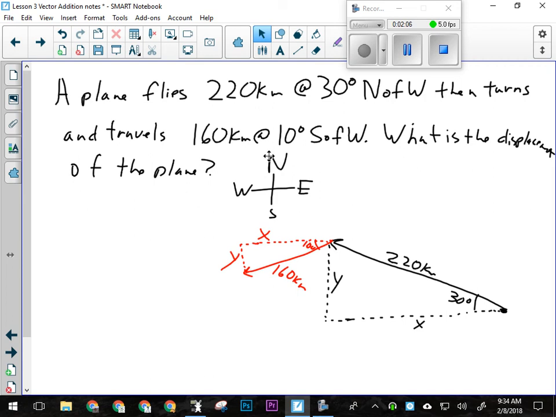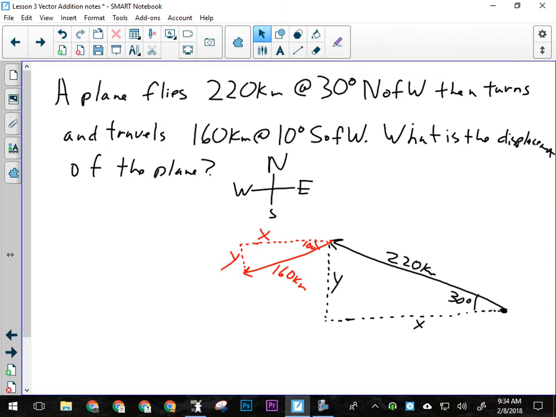So where would I draw a line that represents the total displacement of this plane? Displacement is always the straight line distance and direction from beginning to end, right? So I start here and I draw a line that goes straight to there.